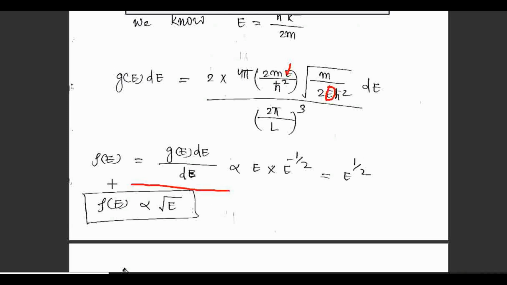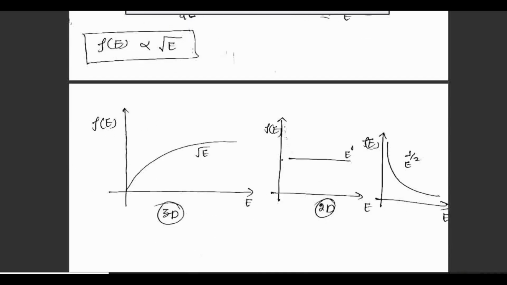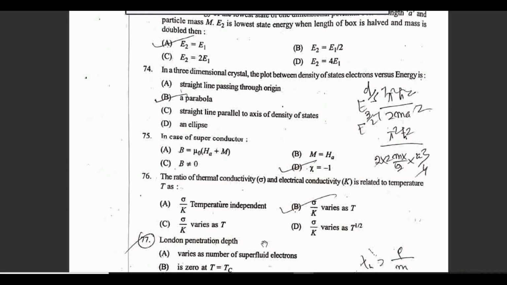That means in the 3D case, the density of state versus E will look like this. This is a parabola, as mentioned in the question. So option B is the correct one.